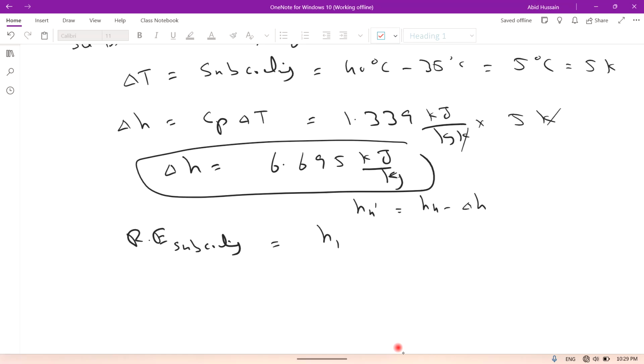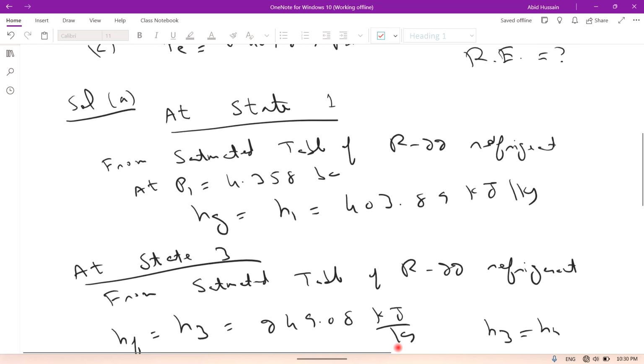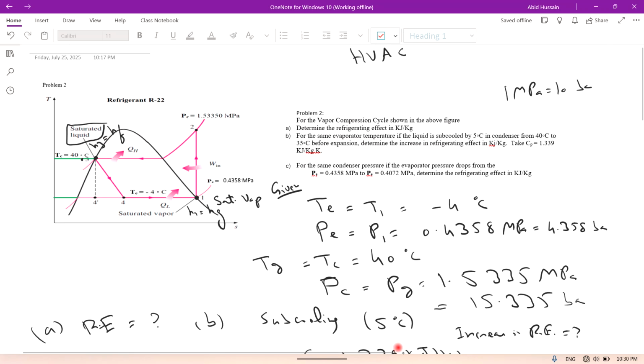So H4 dash is equal to 249.08 kilojoule per kg minus 6.695, which is 242.385 kilojoule per kg. On the diagram this point is H4 dash.